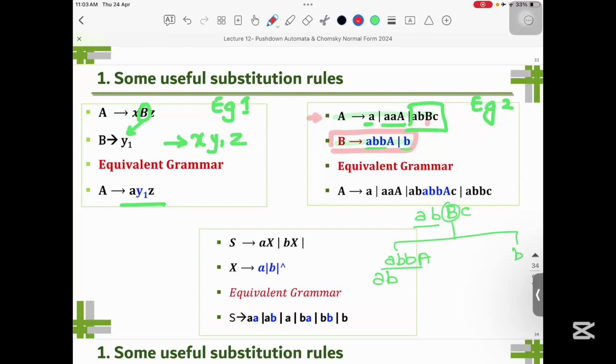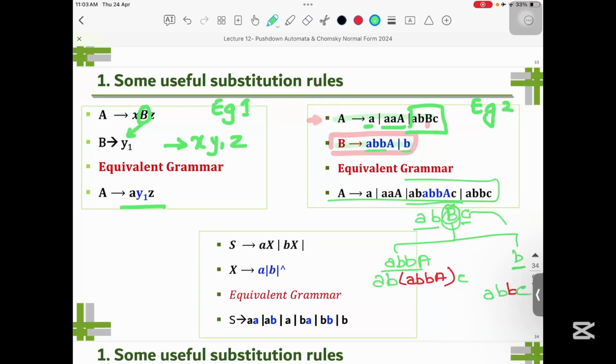So this value is A, B, B, A, and then we will have our final C. And for this particular case, we already have this A, B. Instead of this B, replace it with this B, and then we will have our C here. So that's why we came up with this particular grammar.